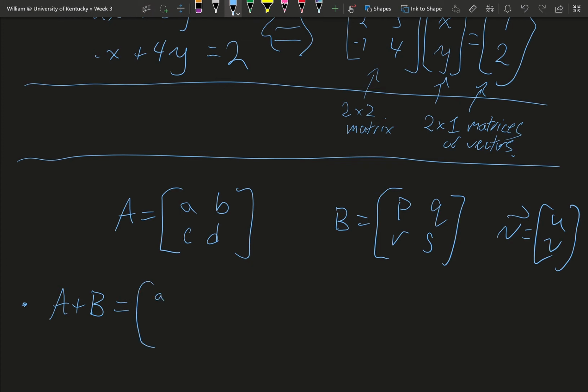So the first entry is going to be A plus P. The second entry is going to be B plus Q. The entry down here in the bottom corner is C plus R. And the other corner is D plus S. Okay.